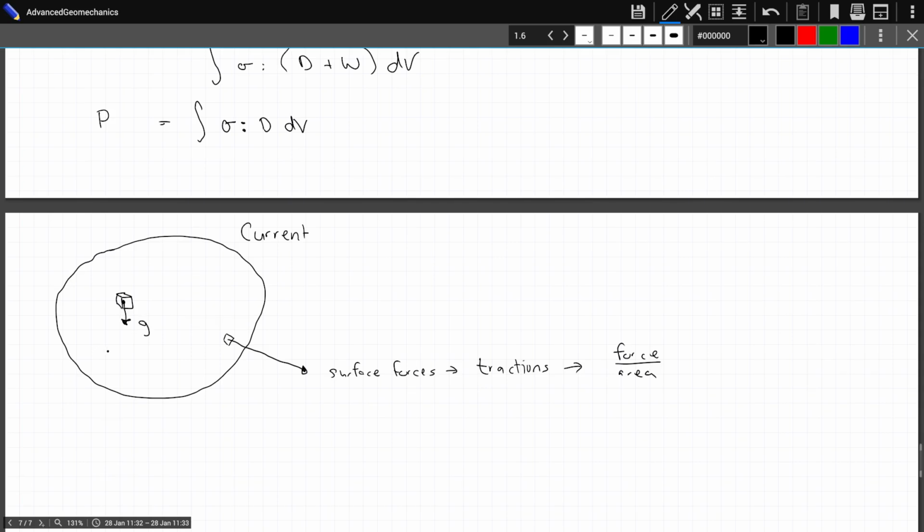So these are called body forces. You can also have body forces that arise from electromagnetics, but the most common one that affects everything is gravity.